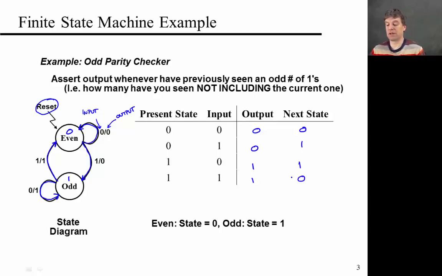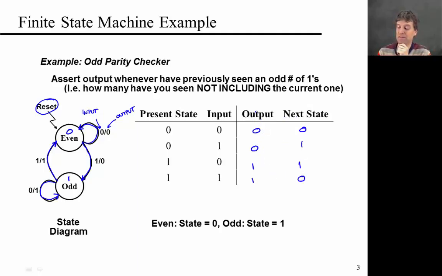Okay. So once you have this state table, you can essentially think of it exactly as you would think of a truth table. What you're trying to do is build a relationship between the right-hand side of this table and the left-hand side. And in this particular case, you can see what this relationship is.